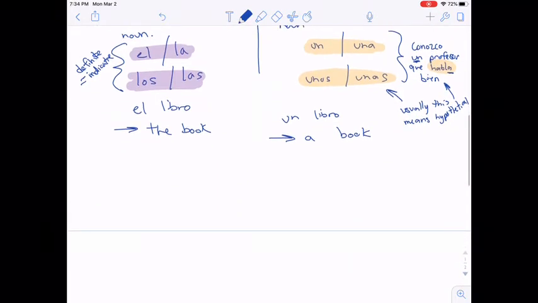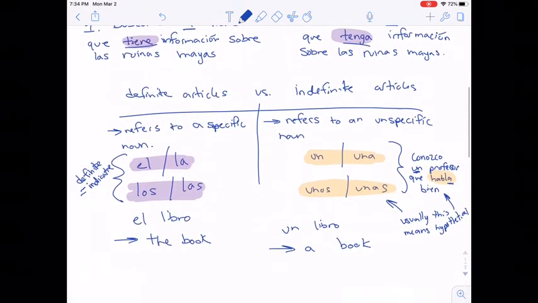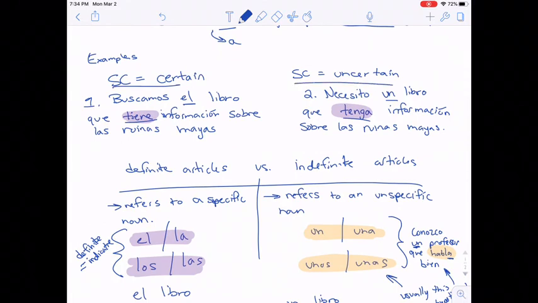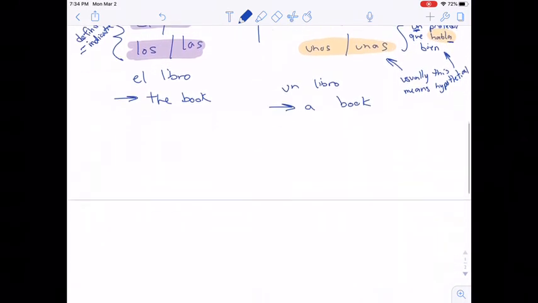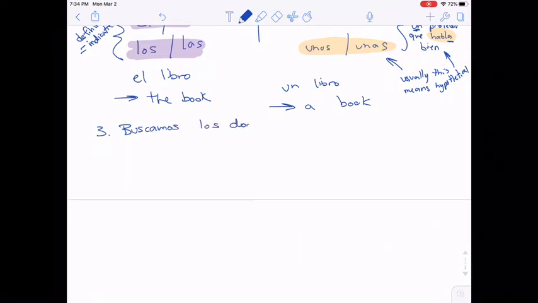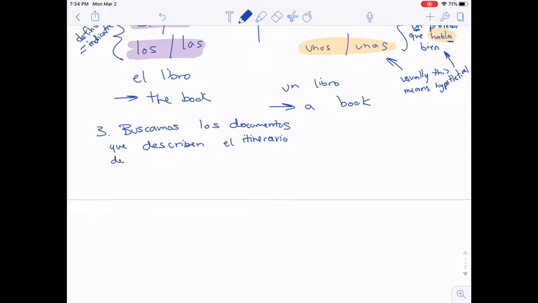So I'll give you one more example each for a subordinate clause that's certain and uncertain. So I did 1 and 2, and I'll do 3 and 4. So the third one would be buscamos los documentos que describen el itinerario del viaje.